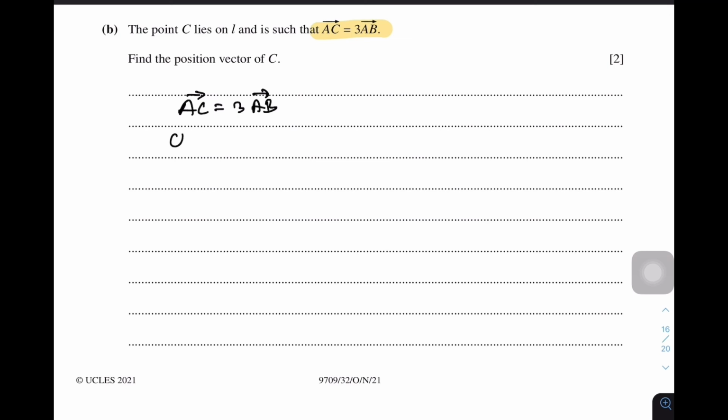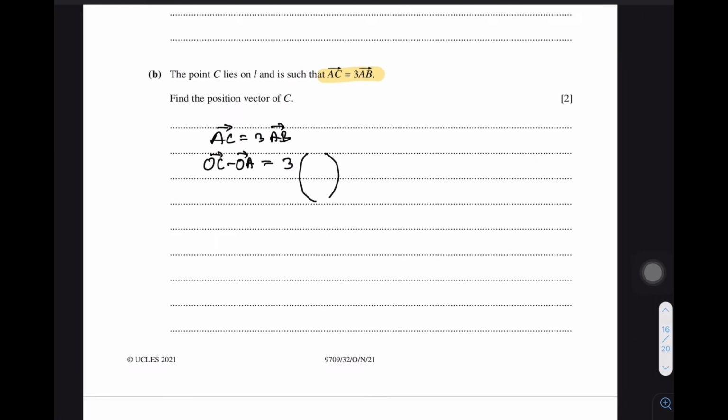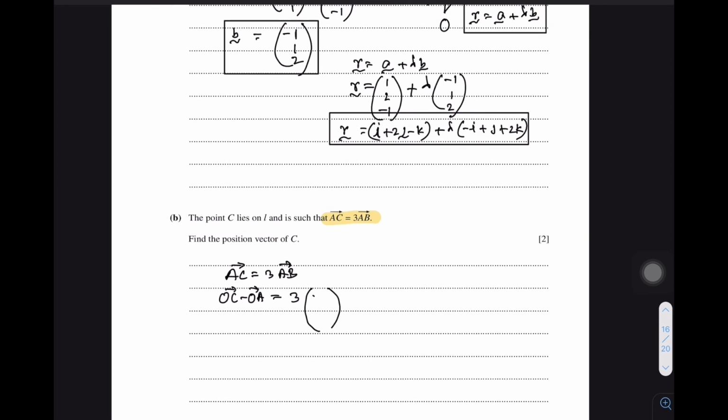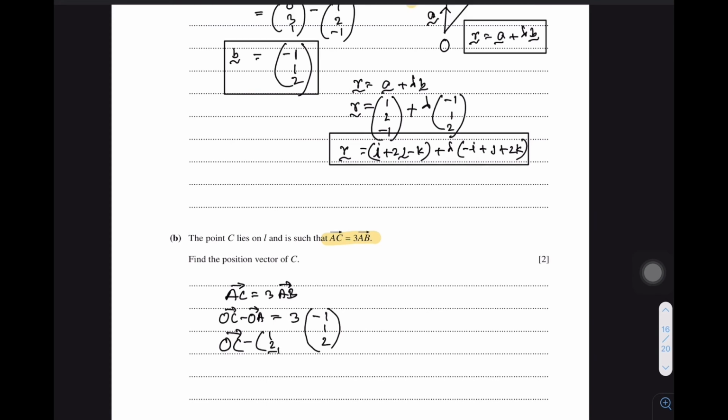AC we can write as OC minus OA equals 3 times AB, that is (minus 1, 1, 2), and then OA is (1, 2, minus 1).